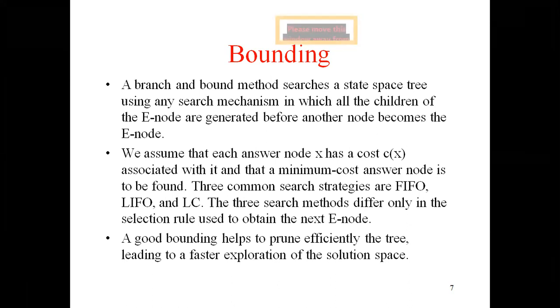We can prune the tree, cut the tree, by using the bounding function. If a path does not lead to a solution, then what is the use of that particular path?